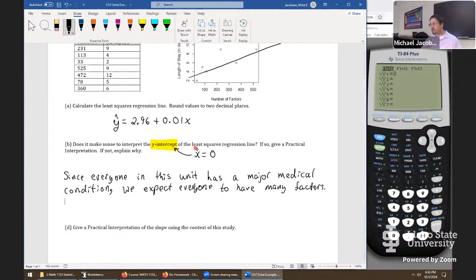We might say here, someone with x equals 0 factors is not in the right unit in the hospital.